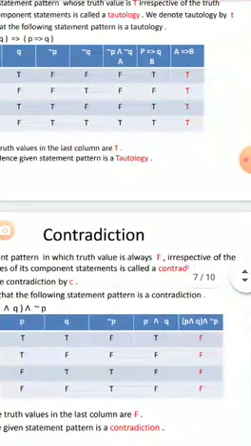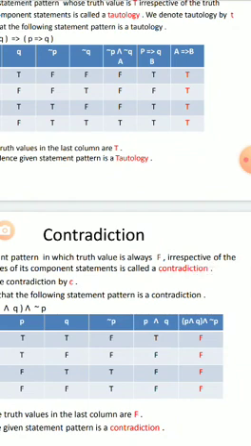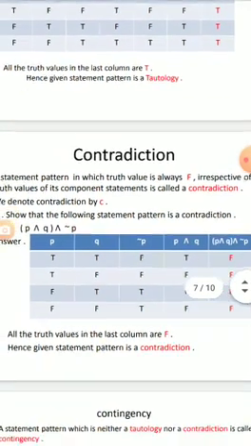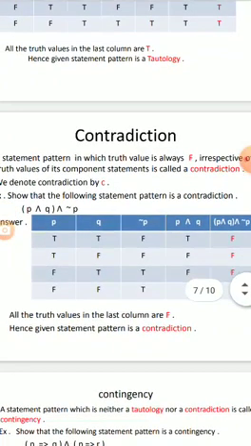Now here in the truth table we can have three possibilities: all T, all F, or some may be T and some truth values may be F. So depending upon this we have three types of statement pattern. One is tautology, the other one is contradiction, and the third is contingency.